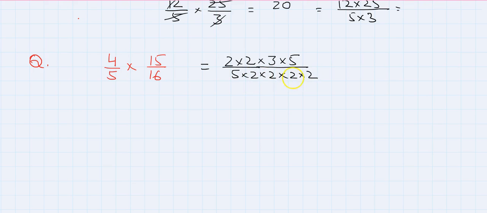Now we can see it's easy to cancel the common factors. We can cancel this, we can cancel this, and then we can cancel 5 also. So our resultant will be 3 over 4. So you have seen this is easy, rather than multiplying 4 by 15 and 5 by 16 and then simplifying it.